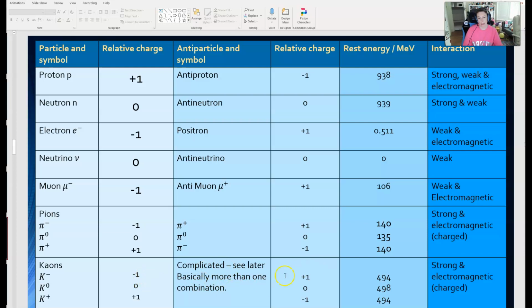But the K minus antiparticle would have a charge of +1, and the K plus antiparticle would have a charge of -1, so they're opposite to each other. Their masses are all really similar, the center one, the K0, being slightly different, and they interact through the strong and electromagnetic forces. Where it says charged here, it means the charged ones do. The zeros would not interact through the electromagnetic force. Okay.